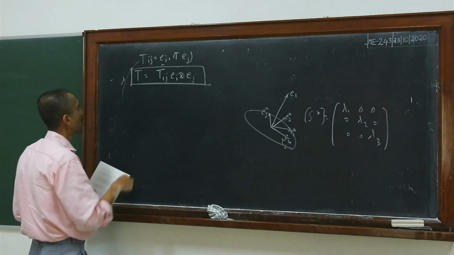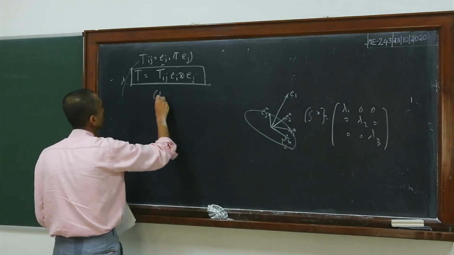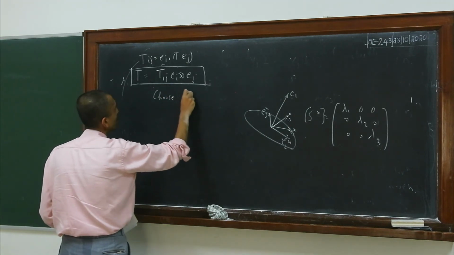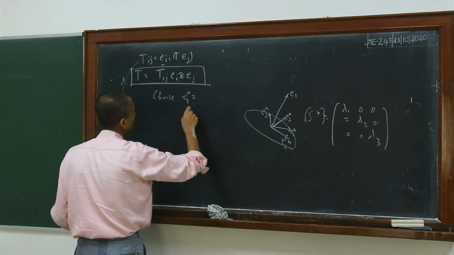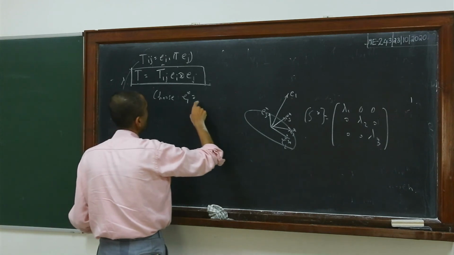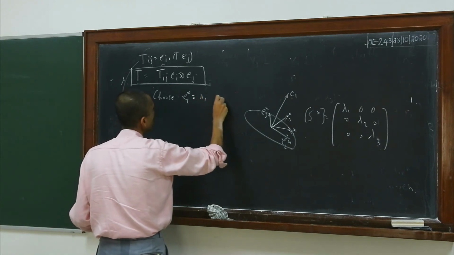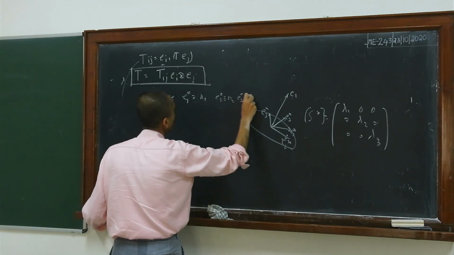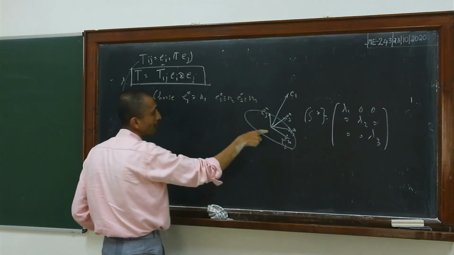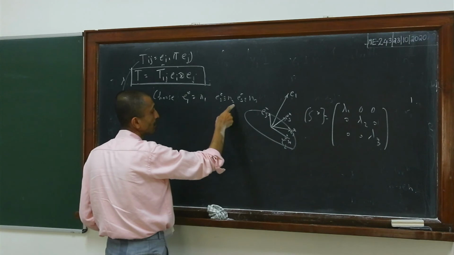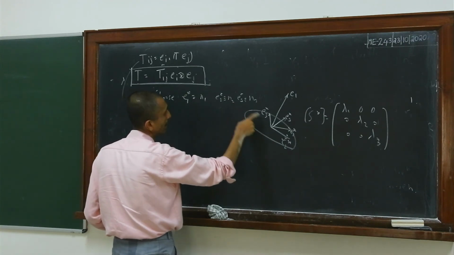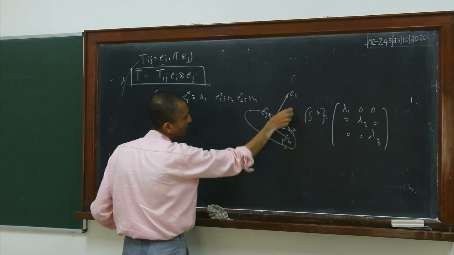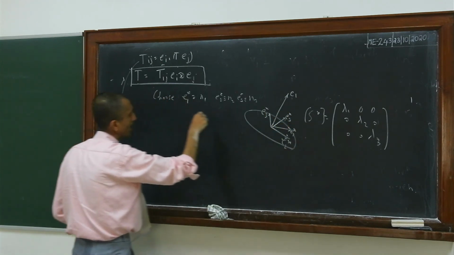So now you choose your E1 star to be along N1, your E2 star along N2 and E3 star to be along N3. If the eigenvalues are repeated, then that choice need not be along N2 and N3, or it can be any two vectors in the plane perpendicular to that.